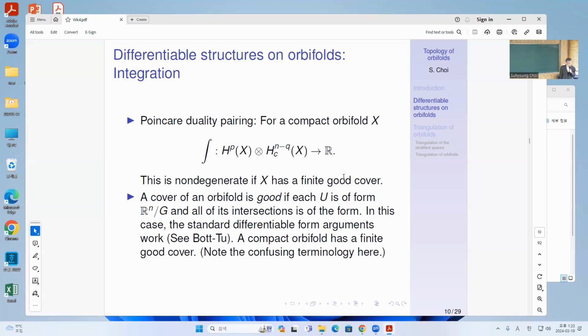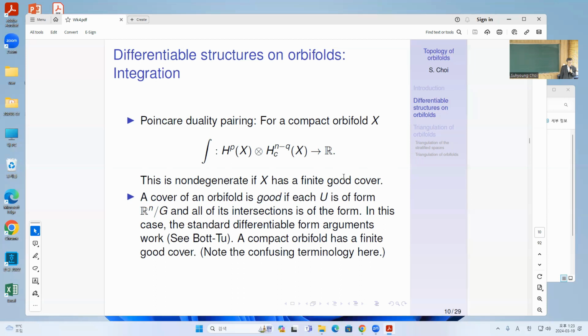Yeah. So a cover of an orbifold is good if each U is of the form R^n/G, and all of its intersections are also of the form R^n/G. Which means that it's just a cell divided by some group. So in this case, the standard differentiable form argument works, and the compact orbifold has a finite good cover here.